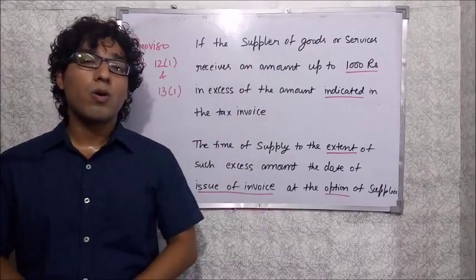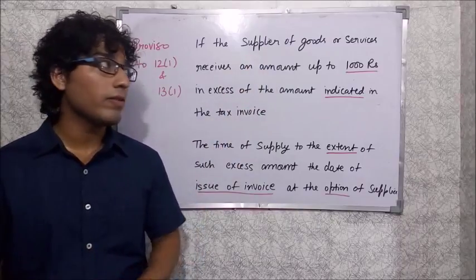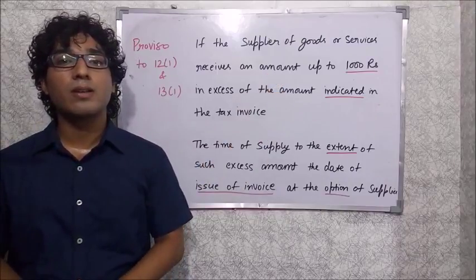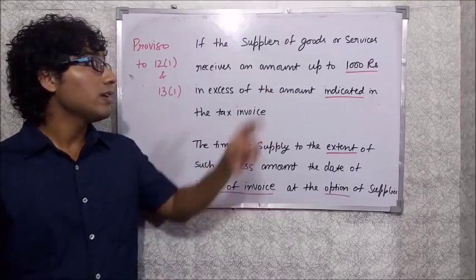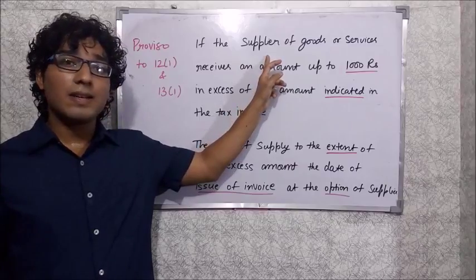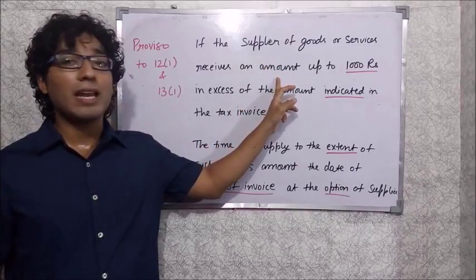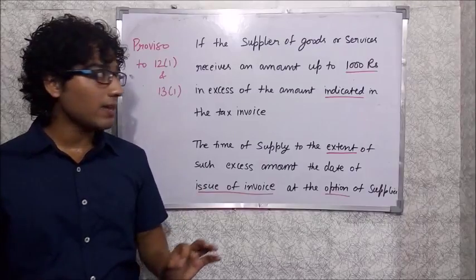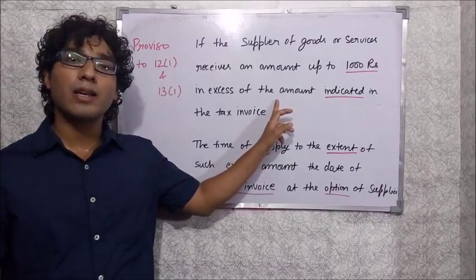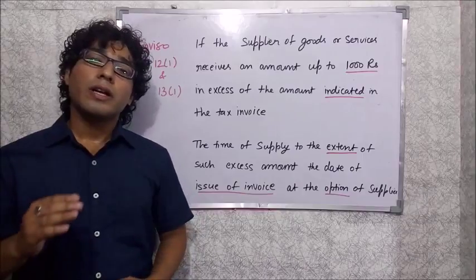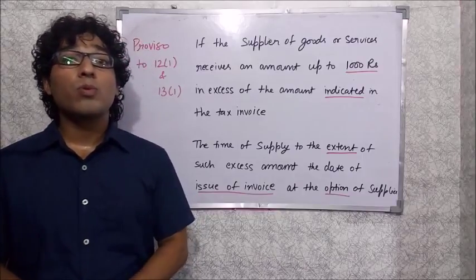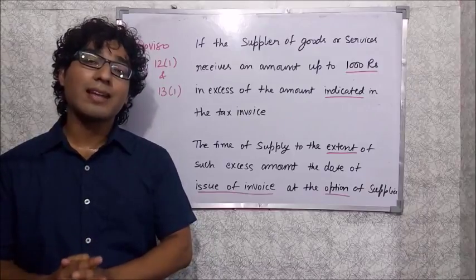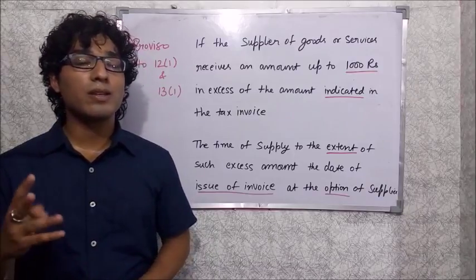The proviso to section 12 subsection 1 and the proviso to section 13 subsection 1 say that if the supplier of goods or services receives an amount up to 1000 rupees in excess of the amount indicated in the invoice, so the amount should be up to only 1000 rupees, and it is in excess of the invoice issued by the supplier.